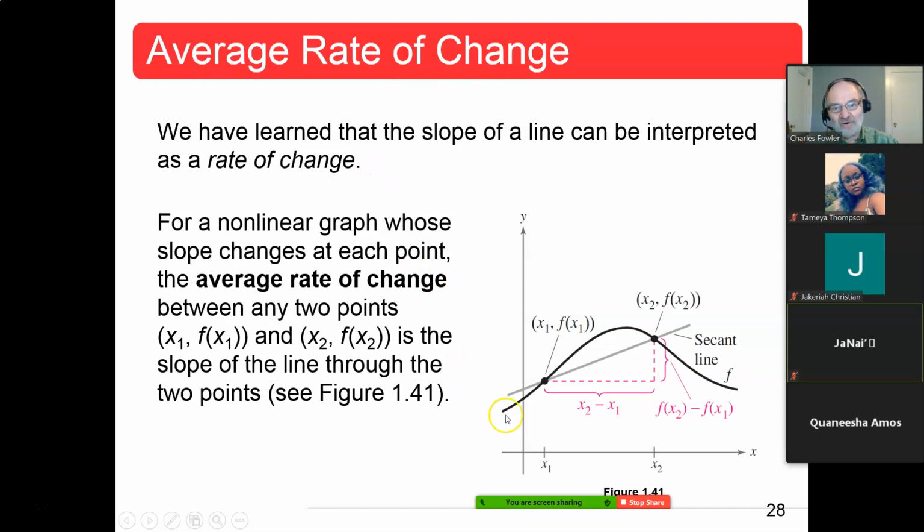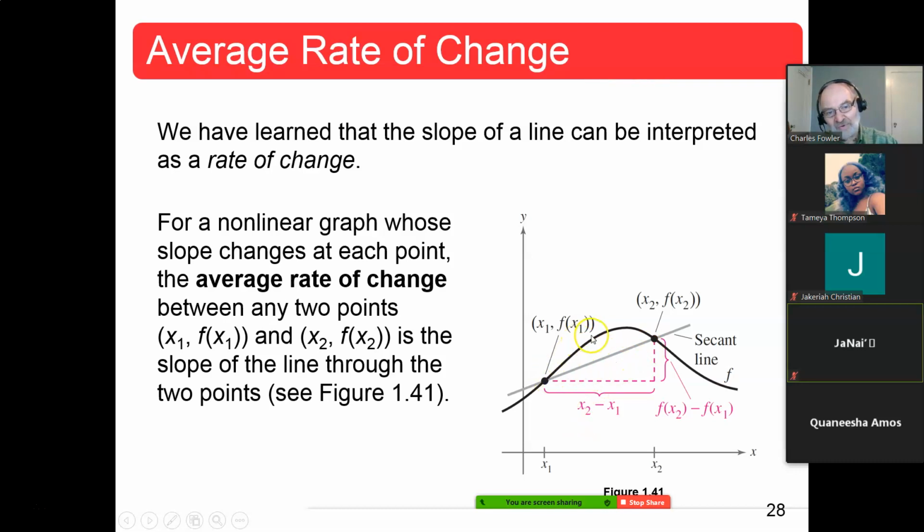Now, this curve is not going at the same speed as that line. It's going faster here and slower here. In fact, it's going negative here. But between here and here, that's your average rate of change between this x value and that x value. That's on average how fast you are going.